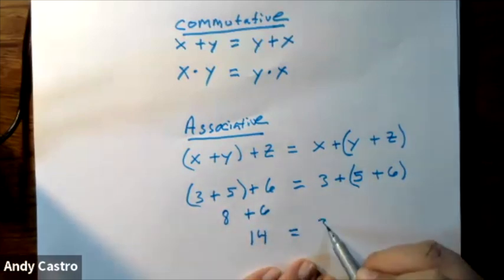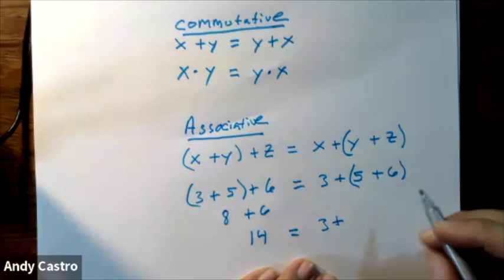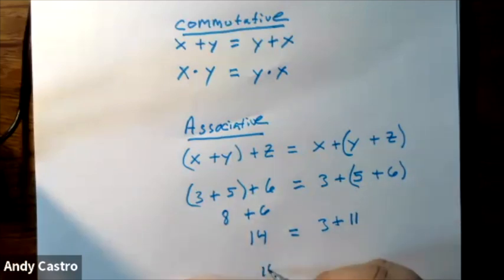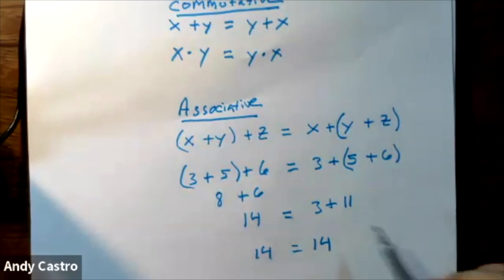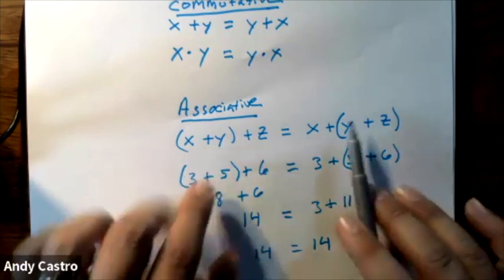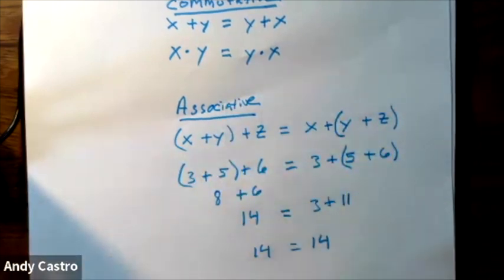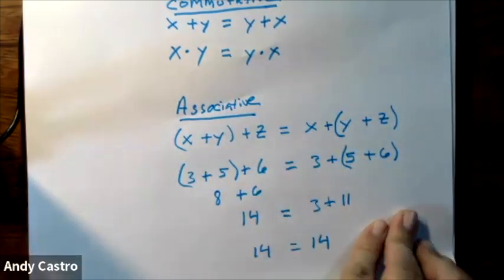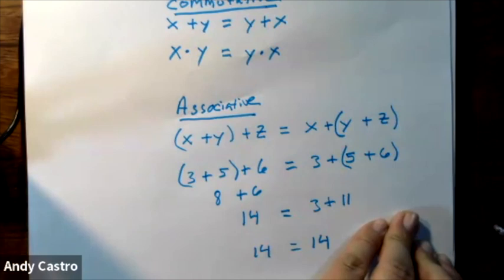And over here, 5 plus 6 is 11, and 11 plus 3 is 14. So if we have a series of addition, we can associate those things as we please.